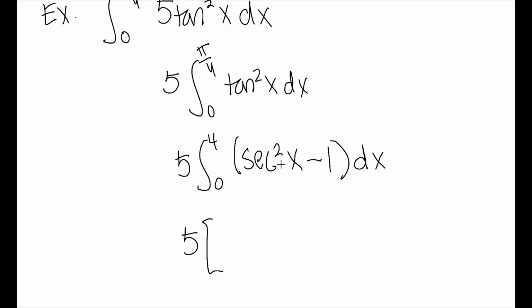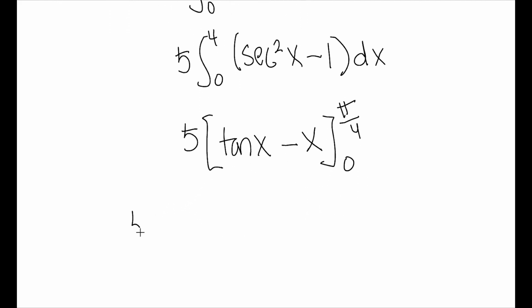Secant squared x integrates to tan x, and negative 1 integrates to negative x, and that's all between 0 and pi over 4.